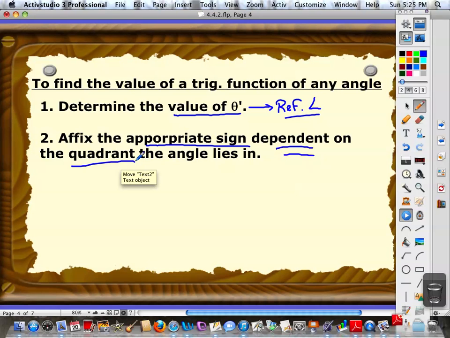If I'm talking about cosine and I know I'm in the third quadrant, I know the value has to be negative. If I'm talking about sine and I know I'm in the second quadrant, then I know it's going to be positive. So it's using the values of the reference angle and then just changing the sign to fit the quadrant that my angle actually sits in.